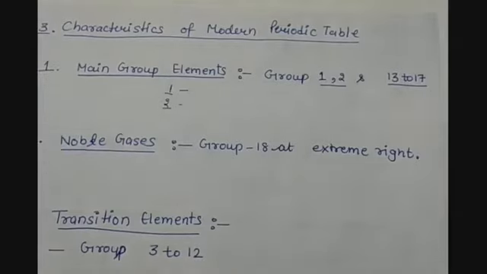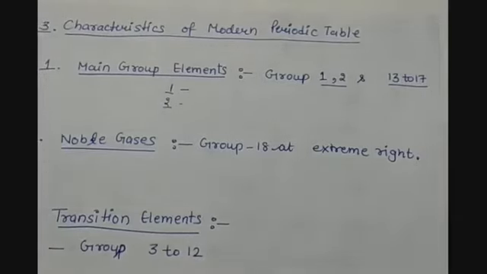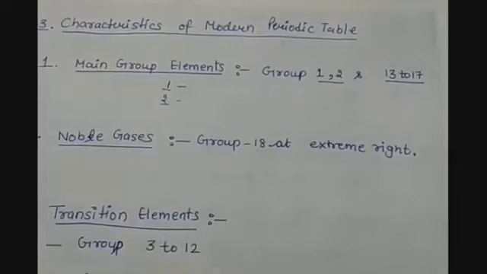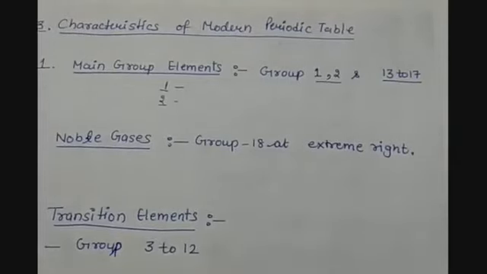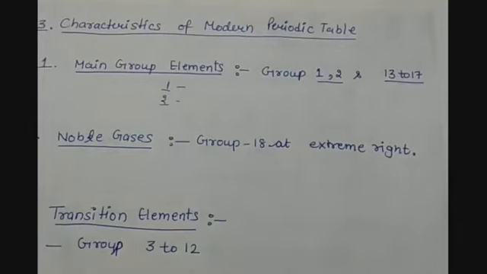And why are they called noble gases? Because their electronic configuration is fulfilled, or you can say the outermost shell is completely filled, and that is why they are not interested in having any kind of reaction with any other element or compound.